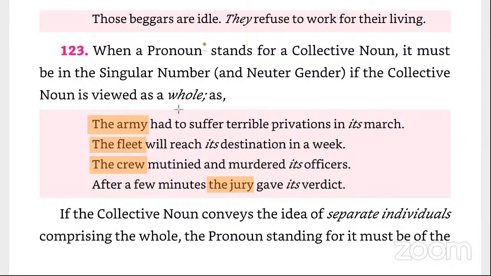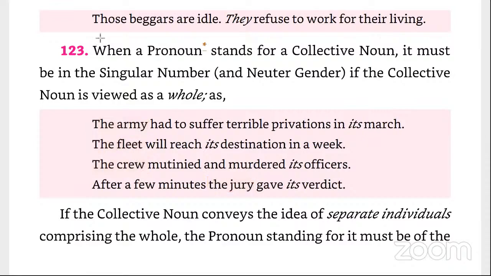They decided to retreat. Do you think that the entire army retreated? No. These are some members. That means I cannot tell about the whole collective noun of army. Some of the army members are retreating. So in this case, we have to use plural.